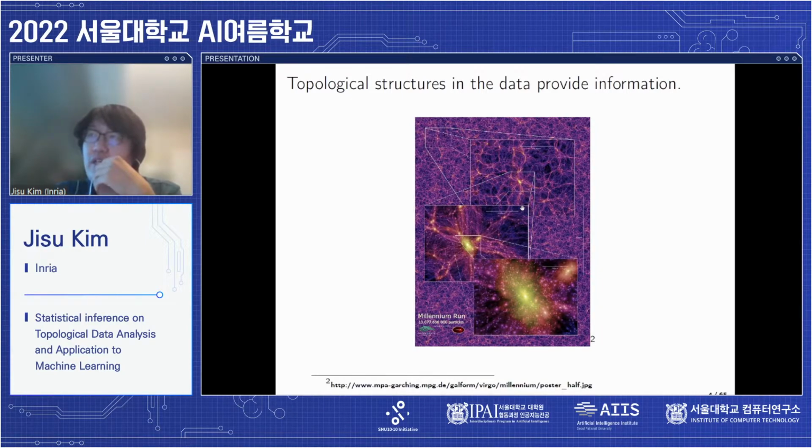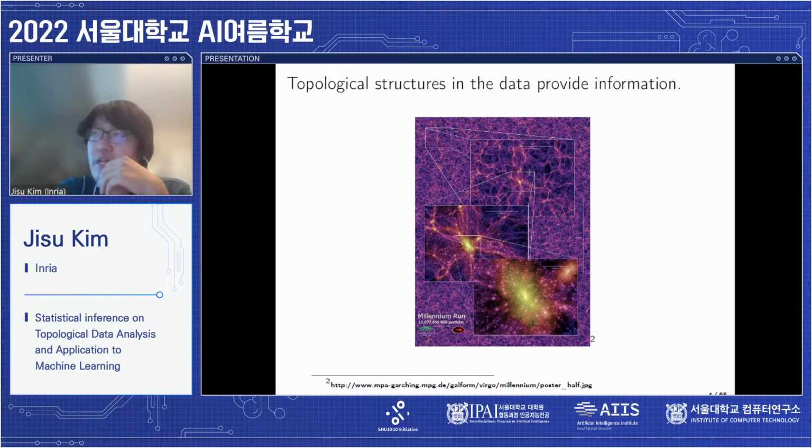But when you see the enlarged part, then you'll see some structures because of the gravity. Some galaxies are gathered together to make a cluster. And between the clusters, the galaxies will form some sort of edges, which in cosmology is called a filament. And then there are some vacant spaces between the filaments and the clusters.